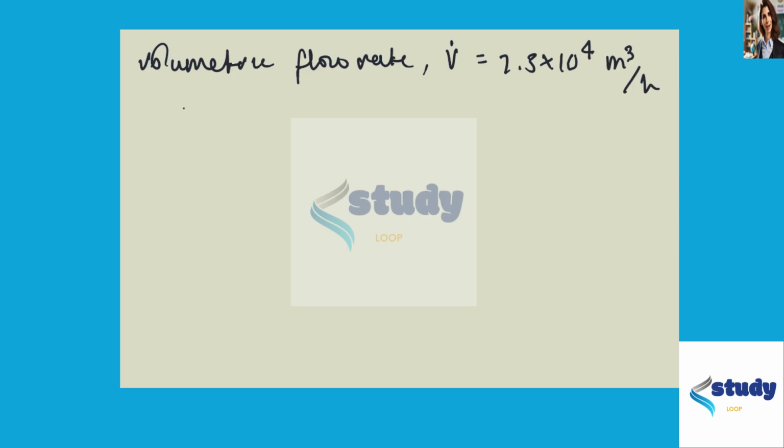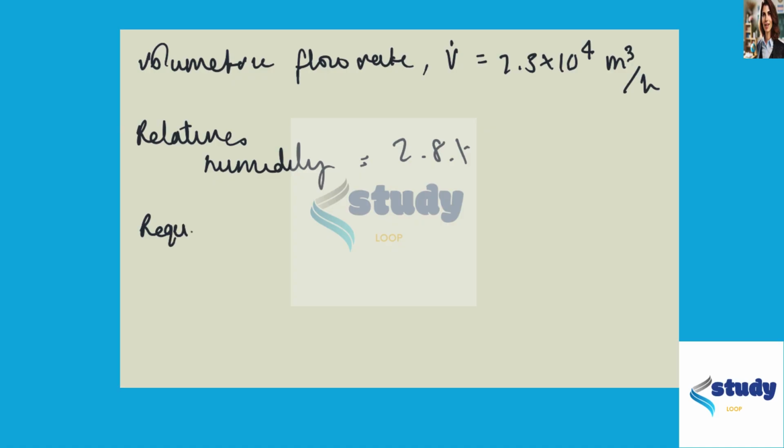And then we can also calculate the relative humidity. That is 2.8%. And we can also determine the required temperature of inlet air to be 181 degrees C.